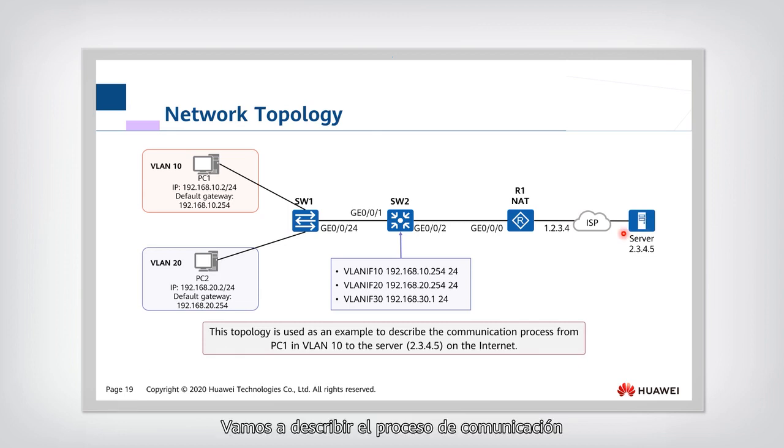So let's describe the communication process from PC1 in VLAN 10 to the server 2.3.4.5 in the internet. This is the physical network topology of this network.